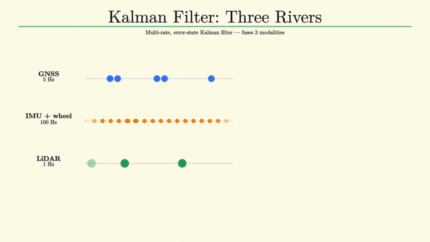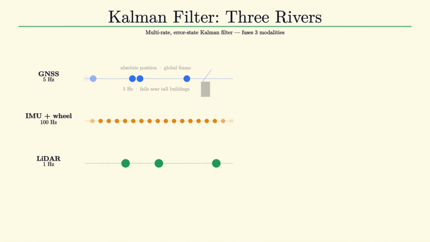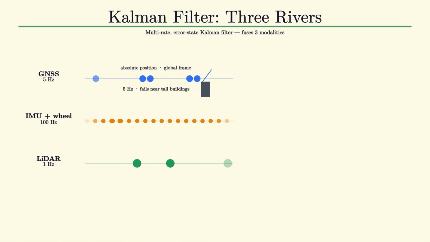The solution is a multi-rate error-state Kalman filter that fuses 3 sensor modalities with very different characteristics. GNSS provides absolute position. It grounds the vehicle in the global coordinate frame, but operates at only 5 Hz and degrades significantly near tall buildings.